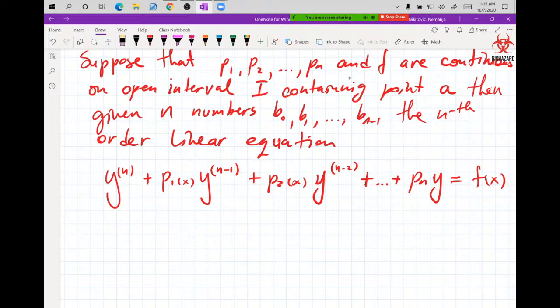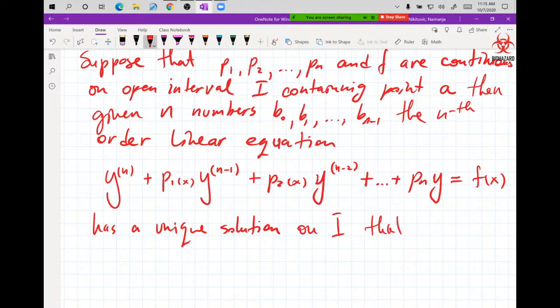So this is the general case to write any order differential equation. It has a unique solution on interval I that satisfies the n initial conditions.